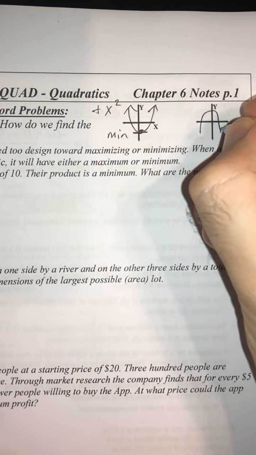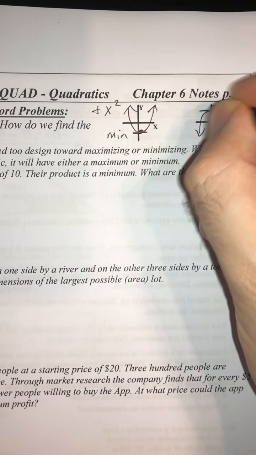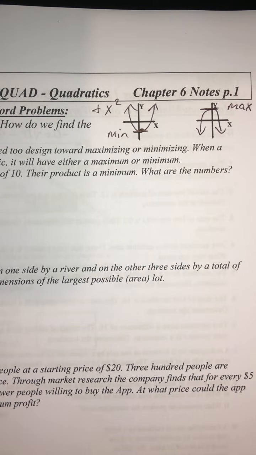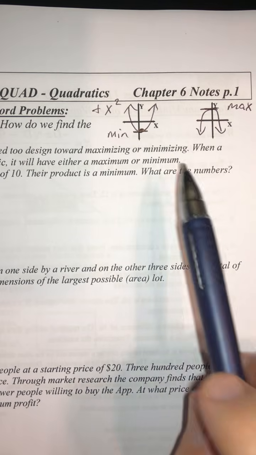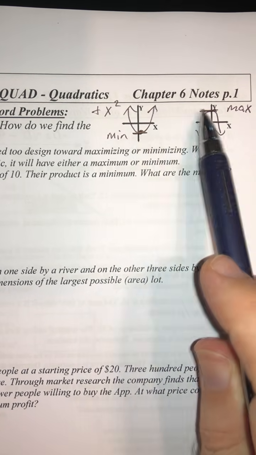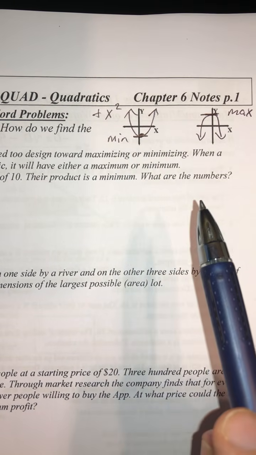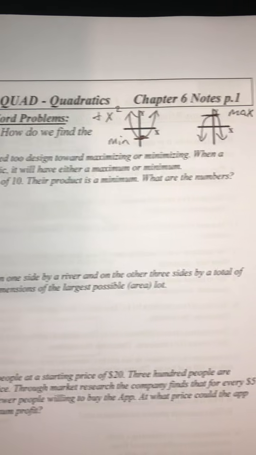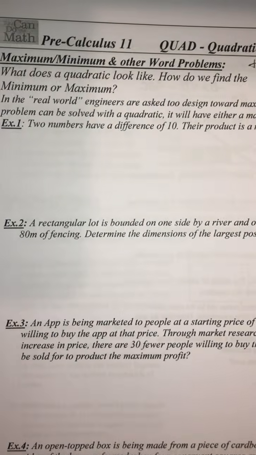As opposed to if I do the opposite, there's a value at the top here, and this is the max. The maximum or the minimum is at the vertex in either case. So that's what we need to look at: maximizing and minimizing some sort of value.